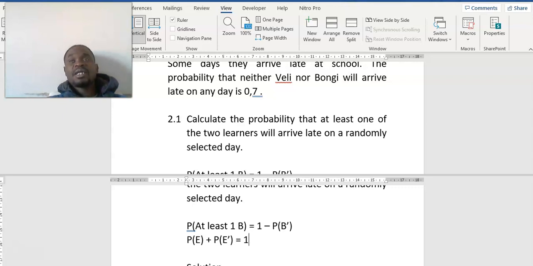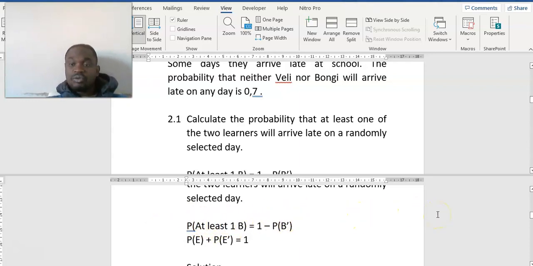Probability that I will go to school today plus probability that I will not go to school today is equals to 1. Probability that I will eat today plus probability that I will not eat today is equals to 1. So this condition we need to know.